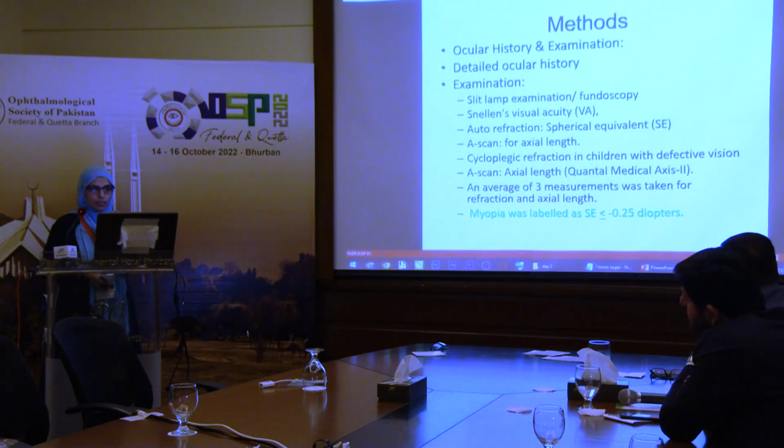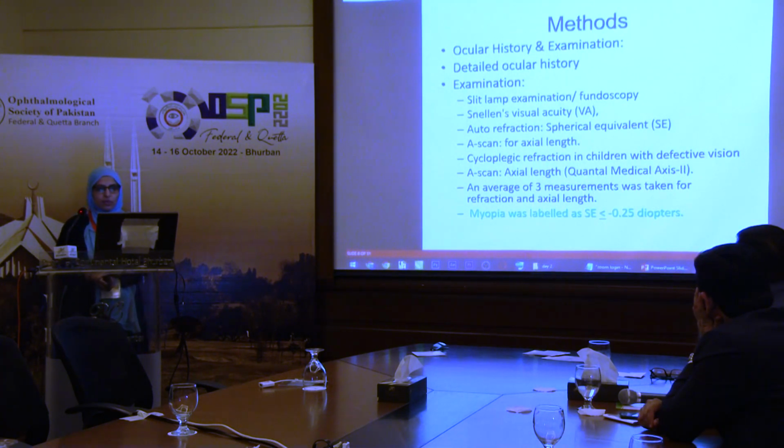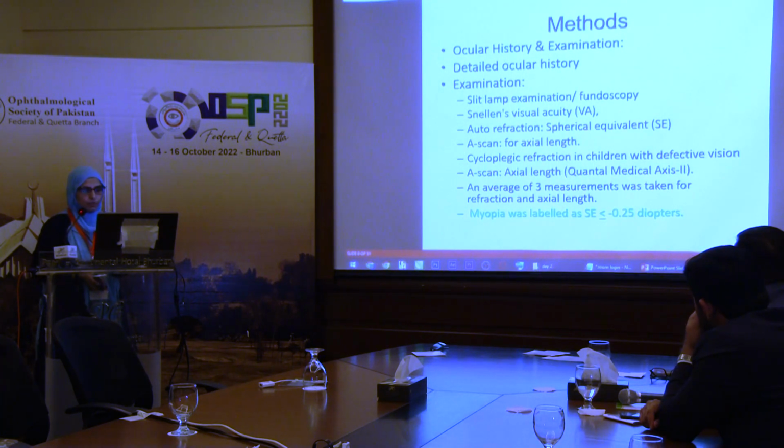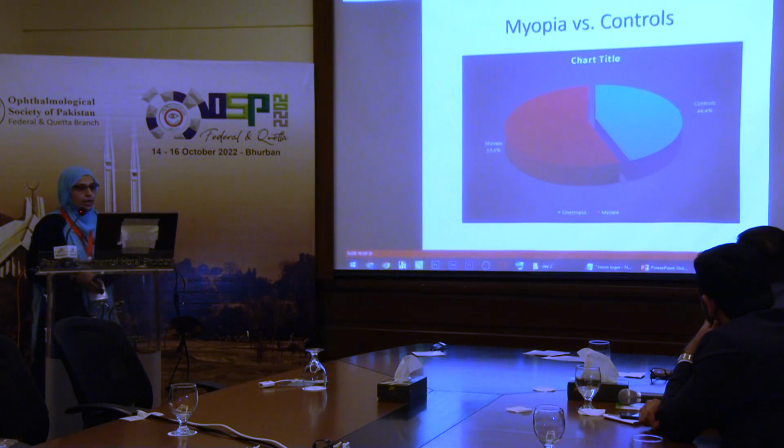Detailed ocular history and examination was done, including anterior and posterior segment examination, visual acuity, a mean of 3 readings for autorefraction, and A scan. Myopia was labeled as spherical equivalent equal to or less than minus 0.25 diopters. Statistical analysis was done with SPSS version 23.